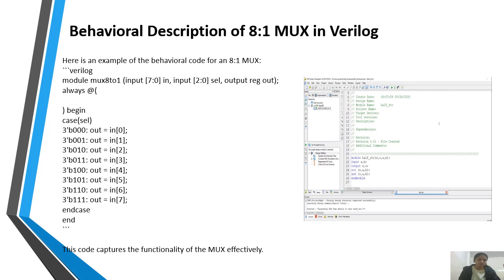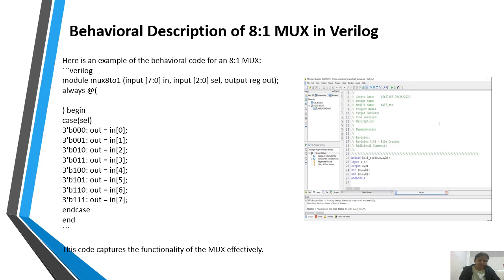Select lines [2:0] is a 3-bit select signal used to choose one of the 8 inputs. Output: a single output declared as reg because it is assigned within an always block. The always block indicates a combinational logic block. The output is updated whenever any of the inputs or the select signal changes.